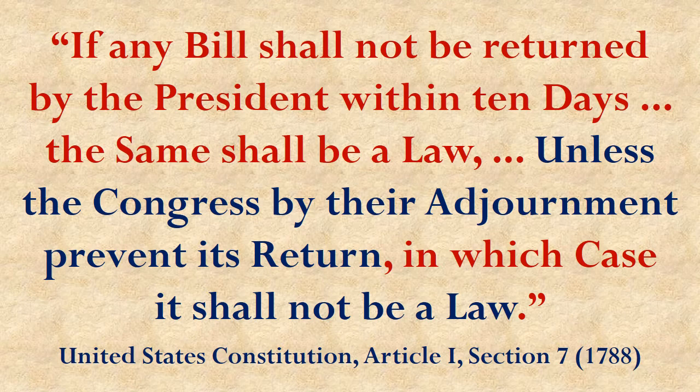But there's an exception to that provided in that same passage, and that is if Congress, by their adjournment, prevents the president from returning the law to them. And remember, he's given 10 days to potentially do this. What this really means is if Congress adjourns or leaves town before those 10 days have expired that the president's been given, and he simply refuses to act on the bill, rather than it automatically becoming a law, it automatically shall not be a law. This then is what we call the pocket veto.